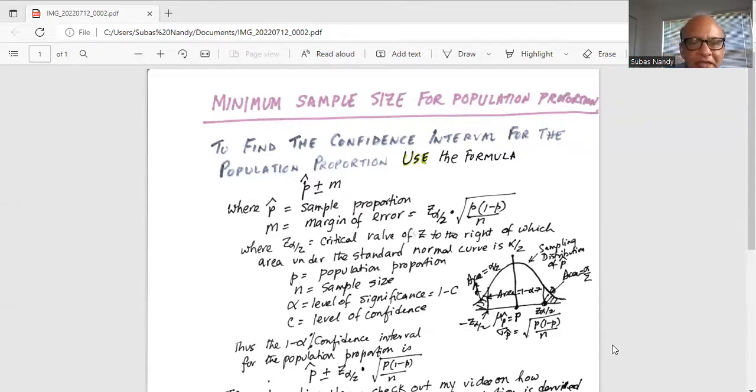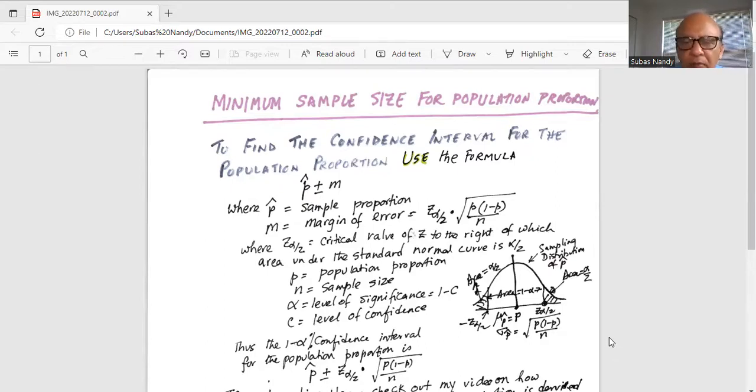Okay, N is your sample size, P is your population proportion, and what is alpha? Alpha is the level of significance or maximum probability of rejecting H0 when it is true. That is making a wrong decision. So alpha is equal to 1 minus C, where C is the level of confidence.